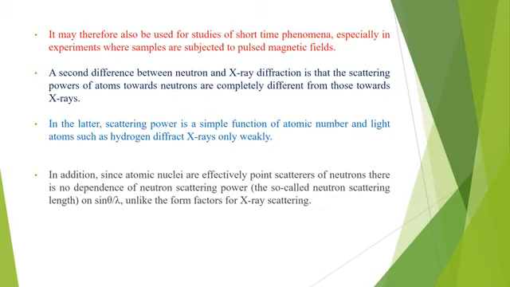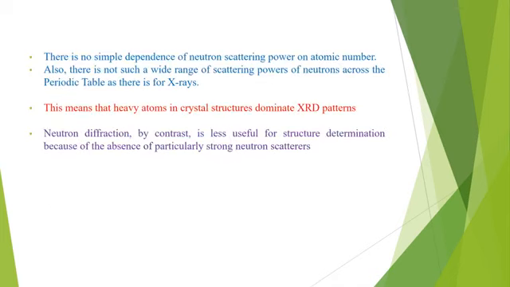In addition, since atomic nuclei are effectively point scatterers of neutrons, there is no dependence of the neutron scattering power, the so-called neutron scattering length, on sine theta over lambda, unlike the form factors for X-ray scattering.